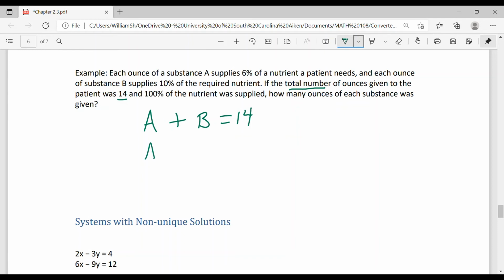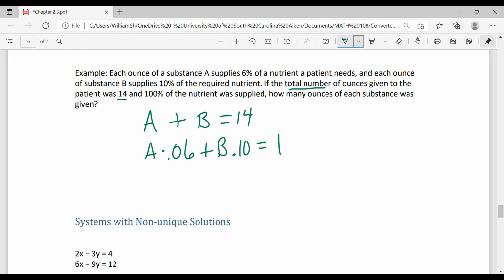A provides 6%, 0.06. B provides 10%, 0.1, or 10 if you prefer for the 10%, and that adds up to be 100% or 1 of the nutrient supplied. Okay, so now we have a system of equations.